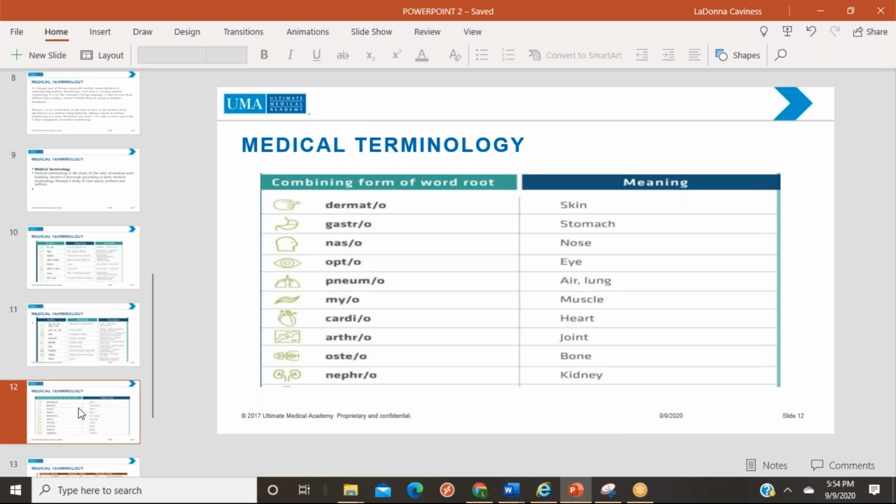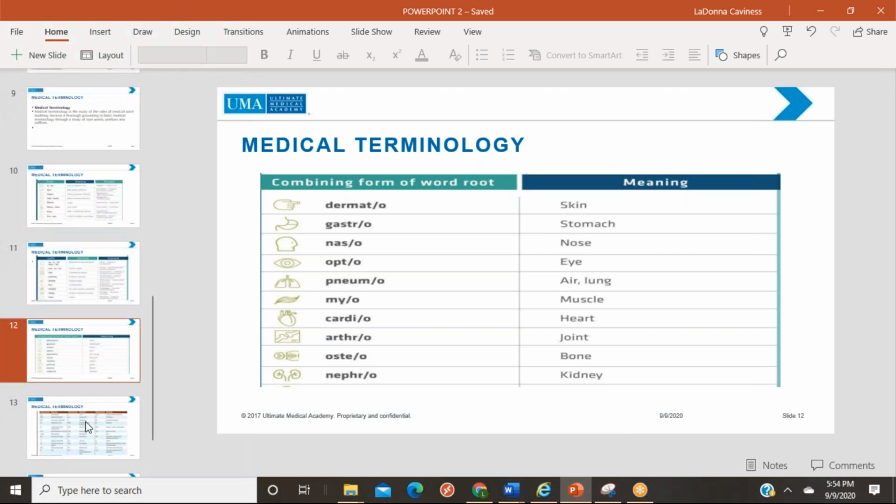But when you pull it all together, it creates this combining form, dermato, which means skin, gastro, stomach, nasio, nose, opto, eye, pneumo, air or lung, myo, which equals muscle, cardio, which equals heart, arthro, which equals joint, or osteo, which equals bone, or nephro, which equals kidneys, right? Okay.